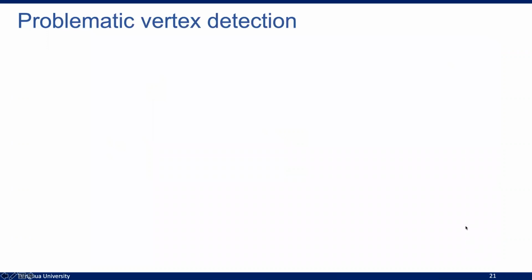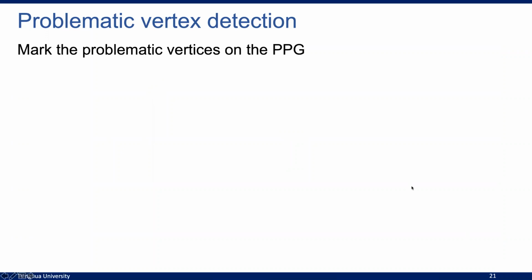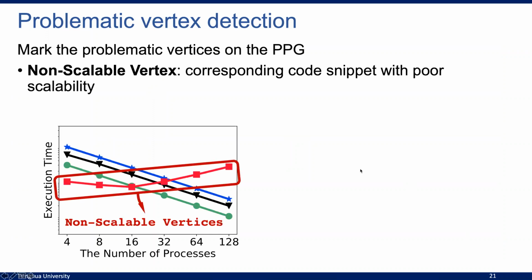So first, we mark the problematic vertices. What are the problematic vertices? There are two kinds of problematic vertices. One is non-scalable vertex. It means its corresponding code snippet has poor scalability.